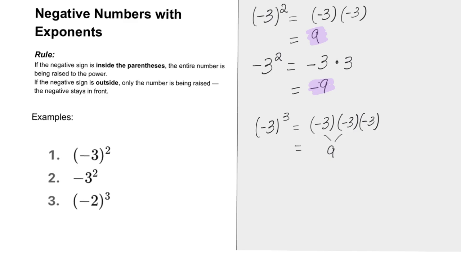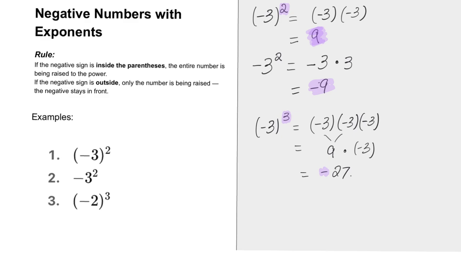And then we bring down 9 times -3 will equal -27. So remember, if your exponent is an odd number, then we'll end up with a negative number. If your exponent is an even number, then we end up with a positive answer.